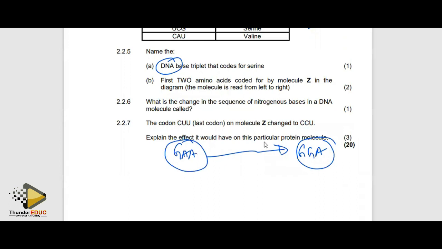It's like having two names: I call you with the first name, you say yes, sir. I call you with the second name, still you say yes, sir. But if I call you with a different name, you won't say yes, sir, because that is a different person. So if this codes for the same amino acid, the protein will remain the same. But if this codes for a different amino acid, then the protein will change.